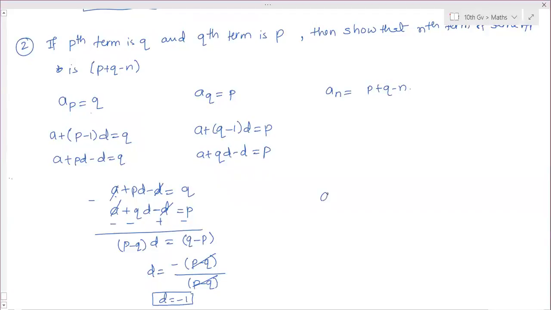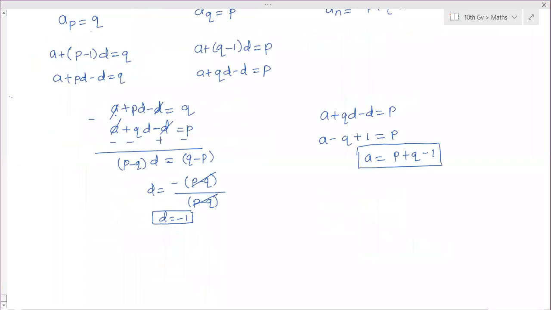Substitute in any one of the equations. A plus QD minus D is equal to P. A minus Q plus 1 is equal to P. So A is equal to P plus Q minus 1. This is A. And now find out nth term.